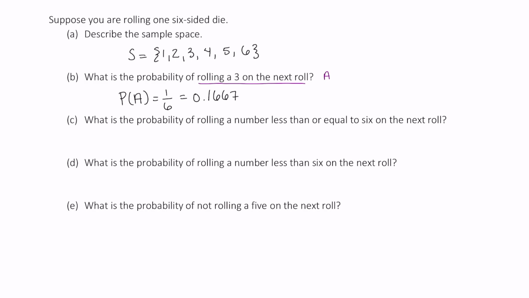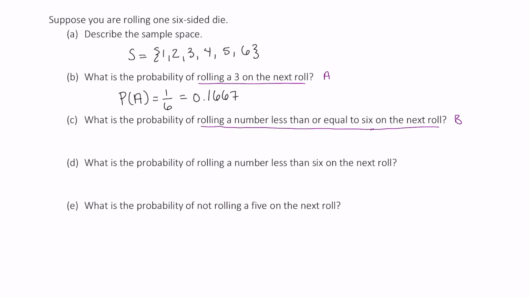Next, let's look at part C. What is the probability of rolling a number less than or equal to 6 on the next roll? So let's call this event, rolling a number less than or equal to 6 on the next roll, event B. As this problem is stated, we want a number that's less than or equal to 6, so that can be 6, or 5, or 4, or 3, or 2, or 1.